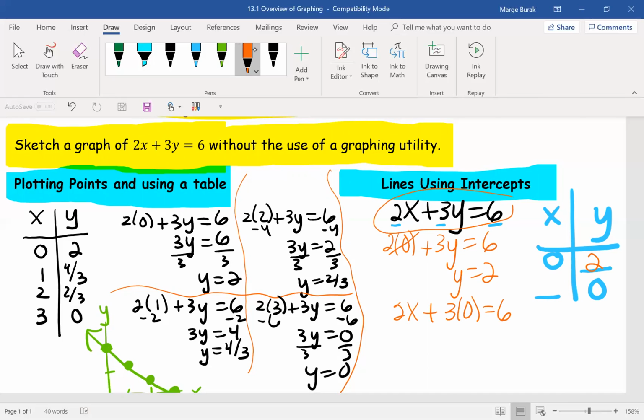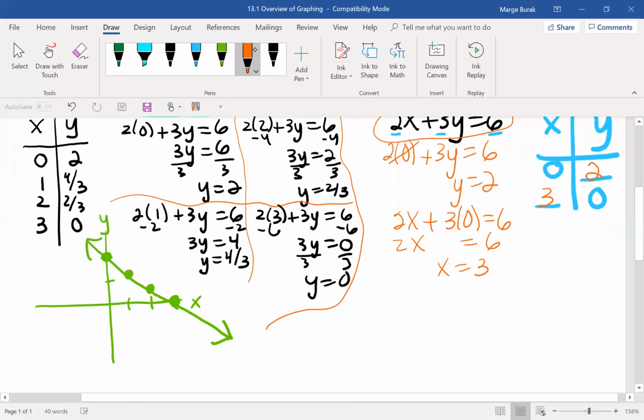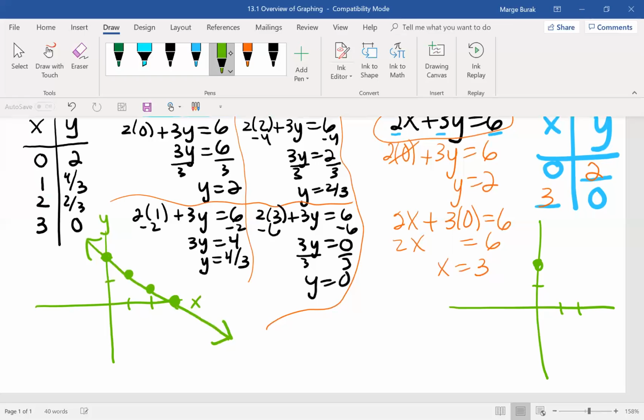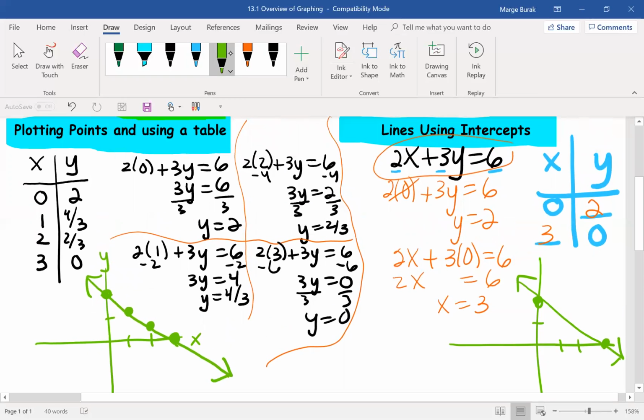Then I would get 2x plus 0 equals 6, or x equals 3. So far, wow, I'm liking that. And then we just do the graph with 2 points. So 0, 2, and 3, 0, and I get the same line. Sometimes they do a checkpoint on a third one. Okay, so I'm thinking a little bit less work there.